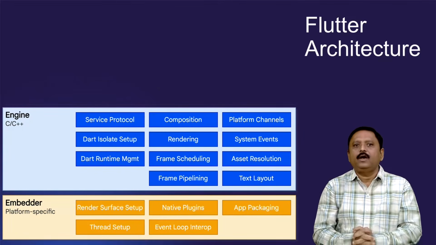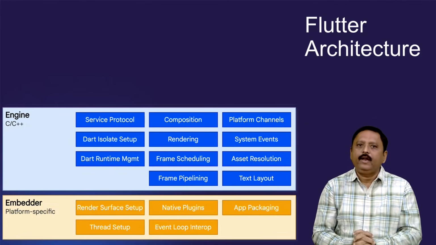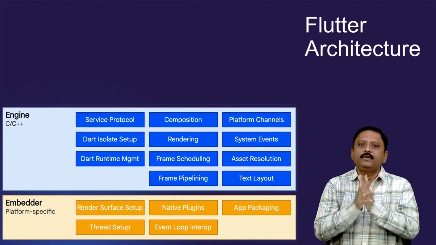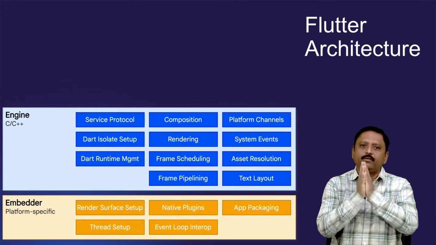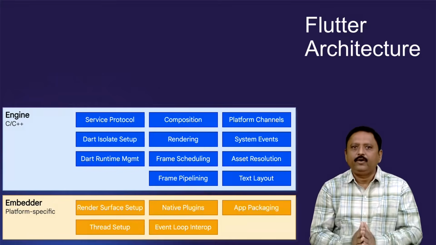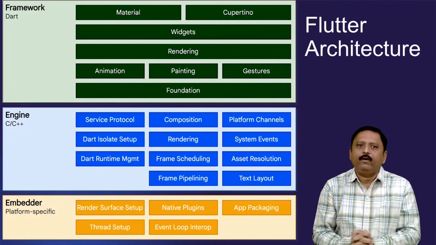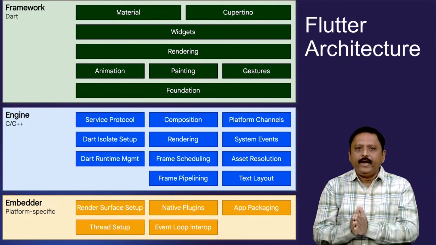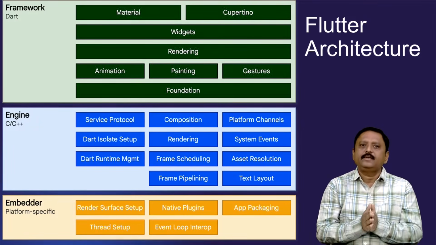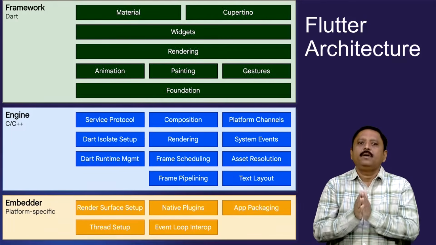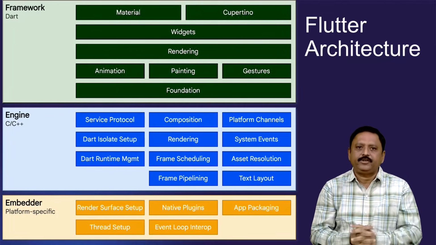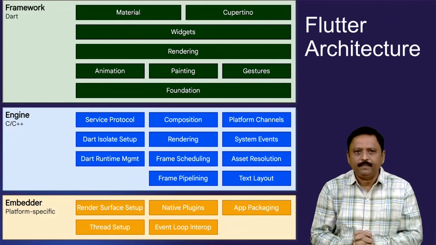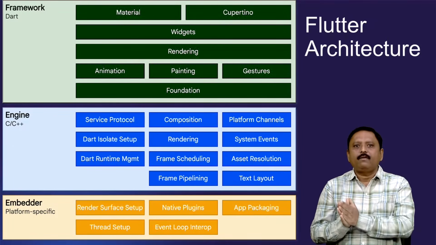It includes a rich set of platform, layout, and foundational libraries composed of a series of layers working from the bottom to the top. We have basic foundational classes and building blocks, and services such as animation, painting, and gestures that offer commonly used abstractions over the underlying foundation.